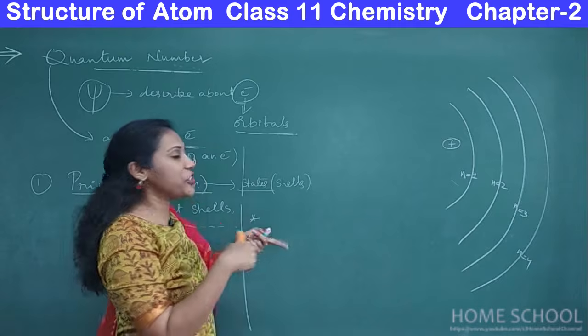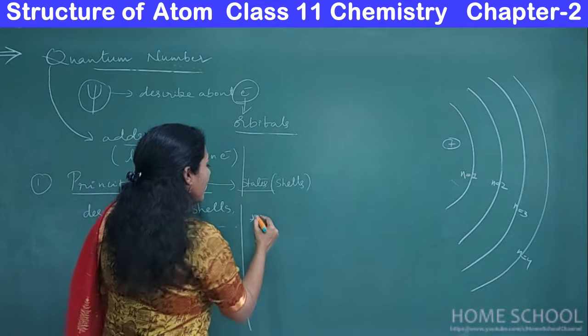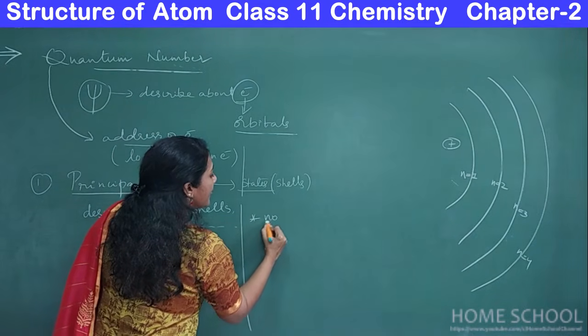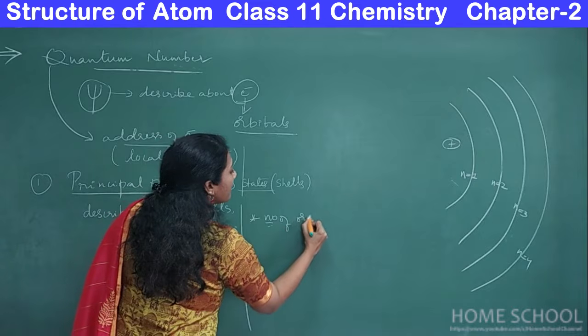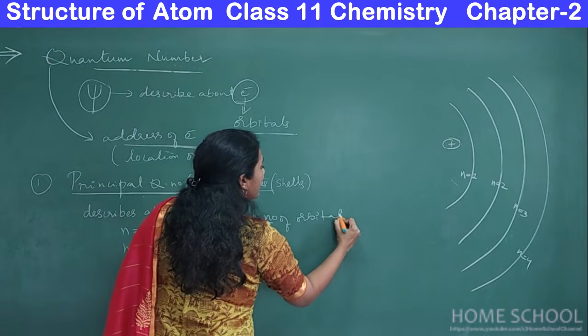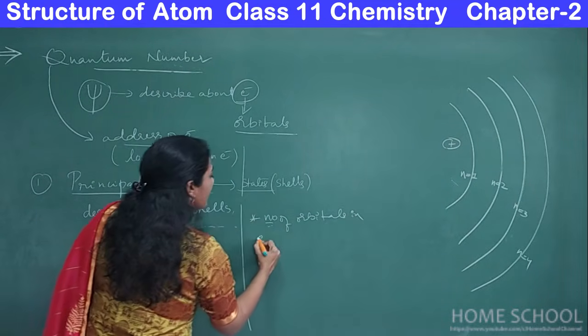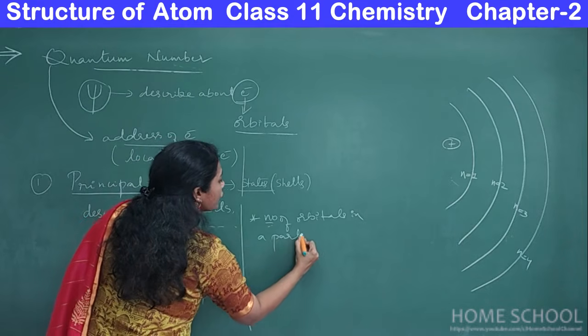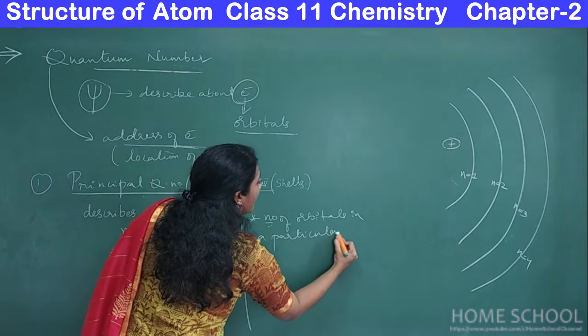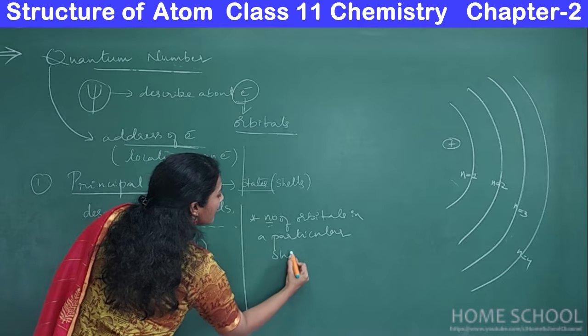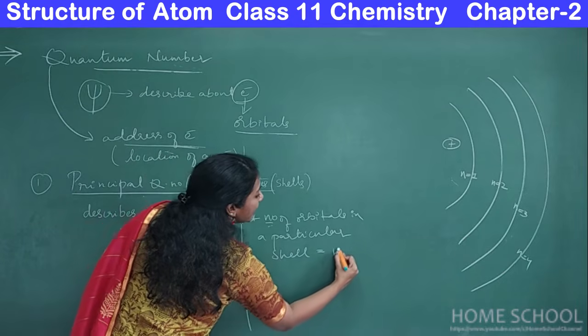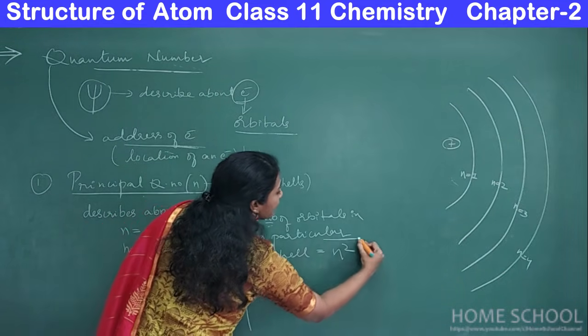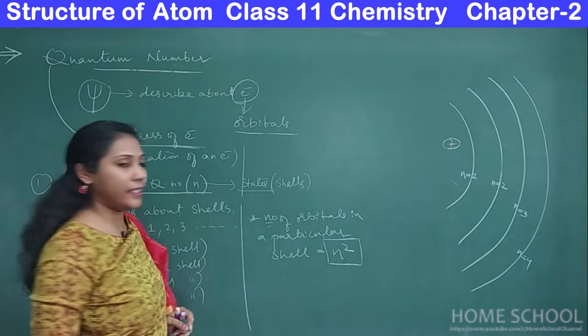Questions can be asked on this. So take down the formula. Number of orbitals in a particular shell can be calculated with this formula: n square.